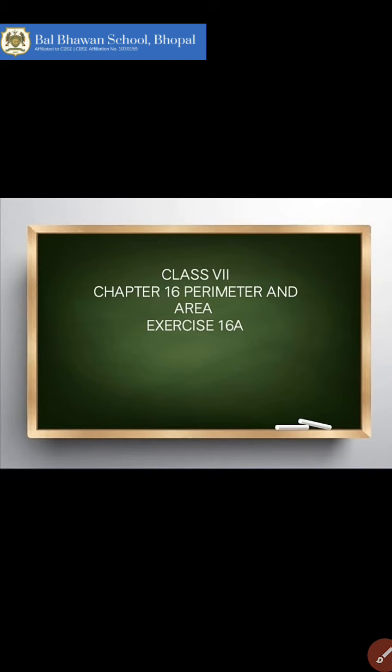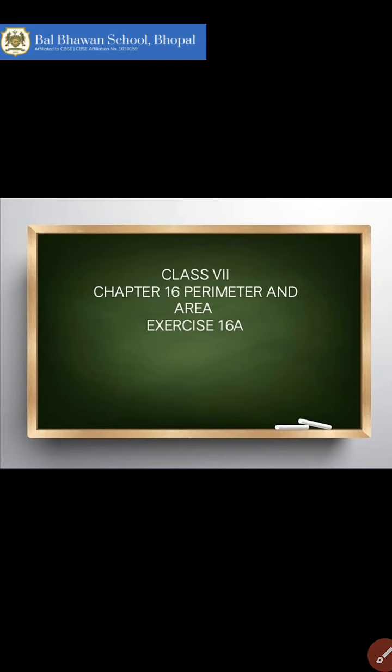In our previous classes, we have already started with the concept of perimeter and area. And you all know that perimeter is the sum of the boundary of any closed figure. So if you talk about the length of the boundary of any closed figure, it is nothing but the perimeter.